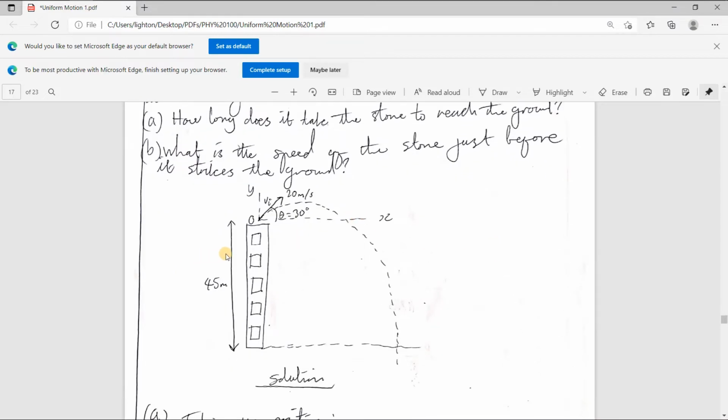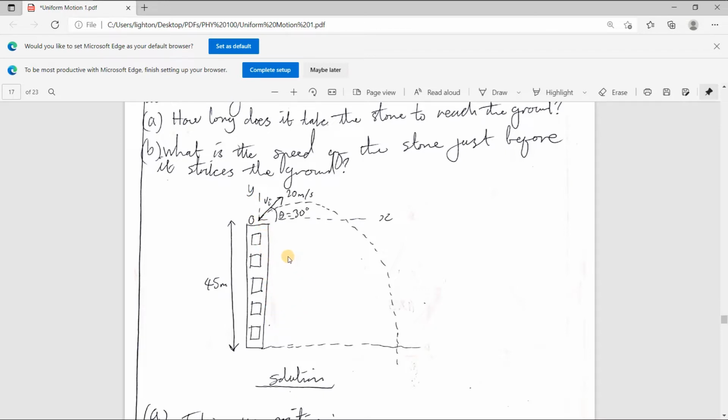So how long does it take the stone to reach the ground? When you look at the tools you have, you use what you have to solve the question. We know that the displacement from the origin going downwards is 45 meters in the vertical axis. But since it is down from the origin, which is on top of the building, and we've chosen up as positive, what is up from the origin is positive and down from this origin is negative.